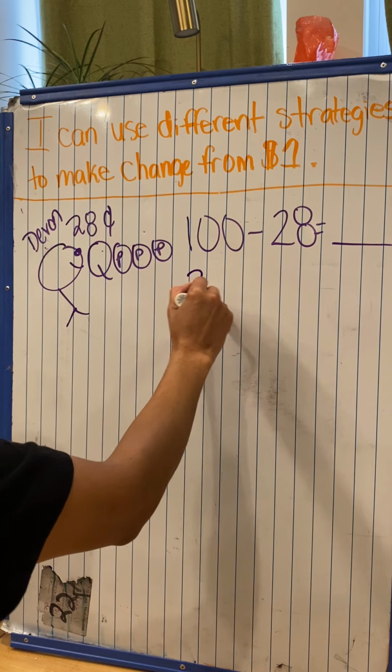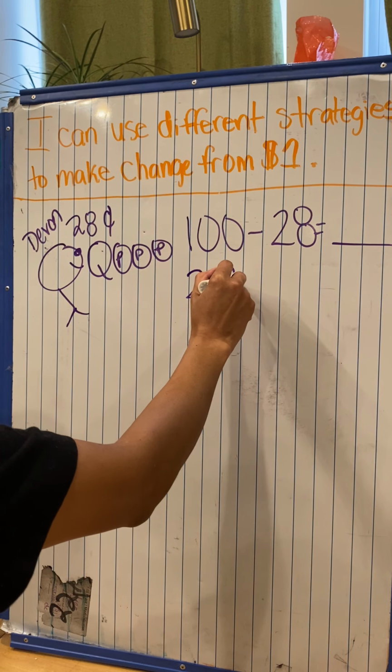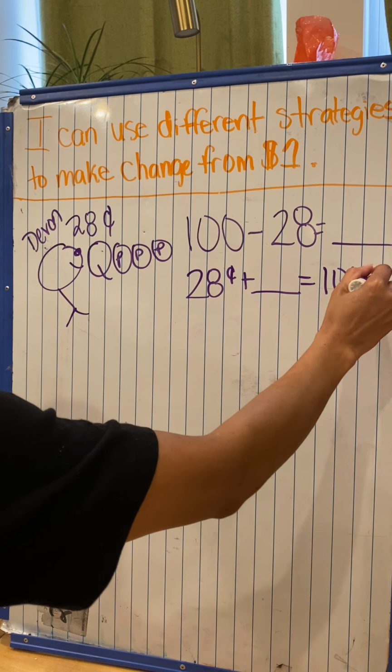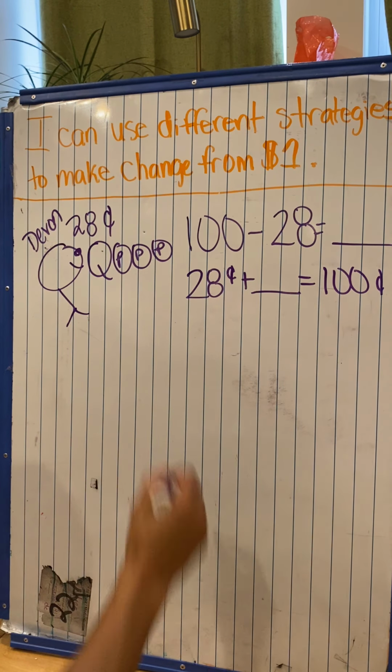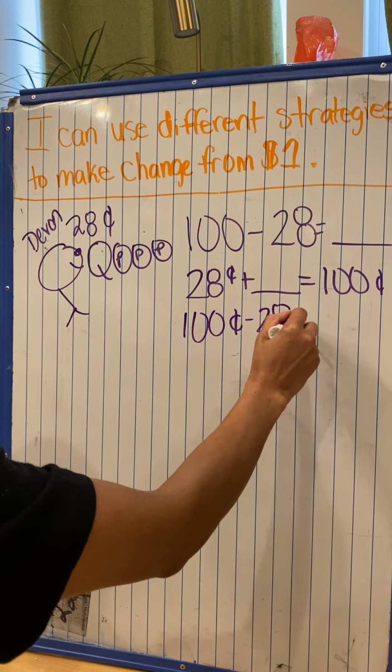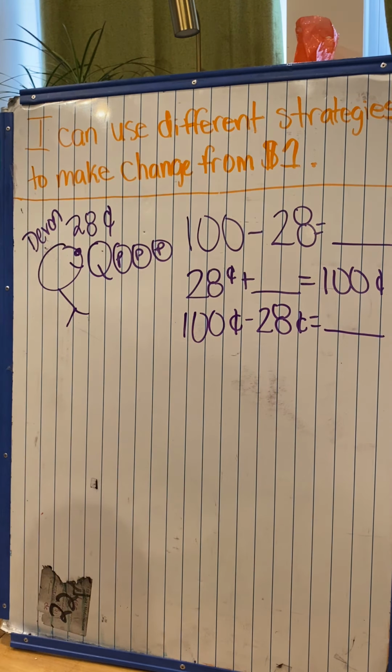You might say 28 cents plus blank equals 100 cents. You might say 100 cents minus 28 cents equals blank. All of these number sentences are correct. So now we're going to solve using the arrow way. Yes, we can use the arrow way when we're working with money as well. We're going to use the arrow way to add on or count up.